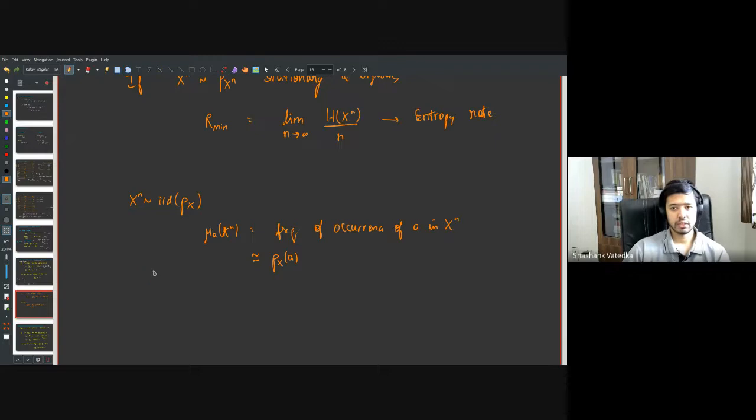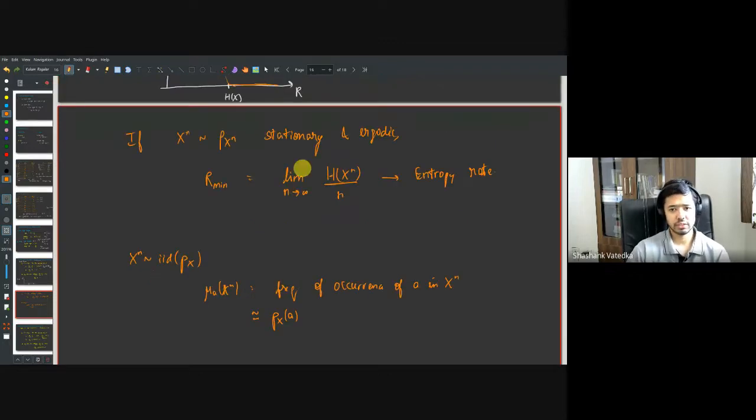Now, in general, if this is an arbitrary stationary sequence, then it may or may not be the case that the number of occurrences of a particular symbol is equal to Px of A. All right.